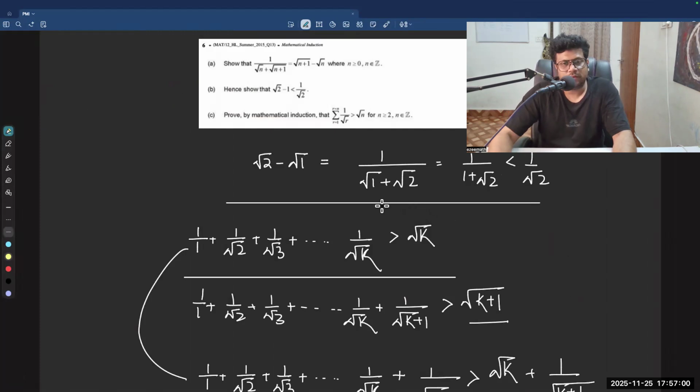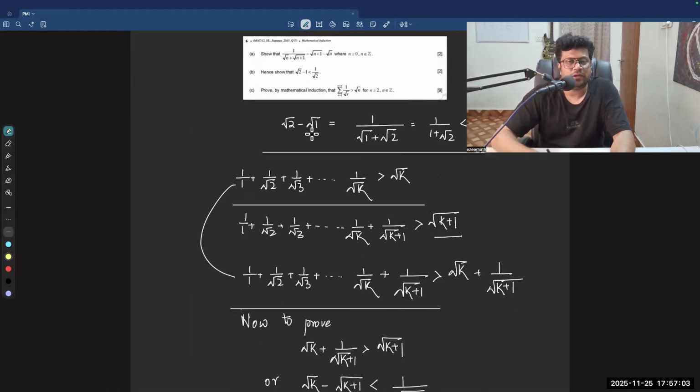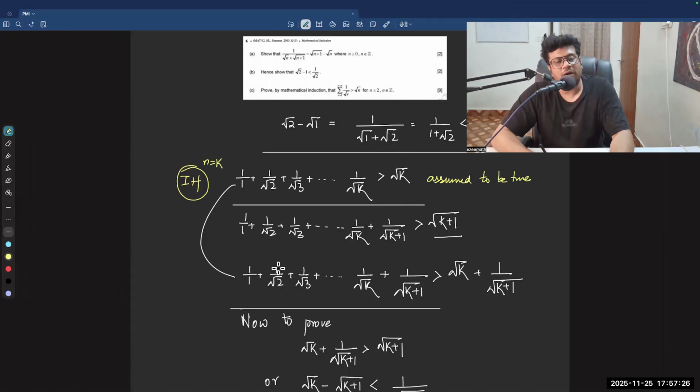So let's go do it again. We do the inductive step, the inductive hypothesis. I'll assume that this is true for n equal to k. So 1 by 1, 1 by root 2, 1 by root 3, plus up to 1 by root k is greater than root k. That's a truth that I've assumed to be true. And now I want to prove that it's correct for n equal to k plus 1.